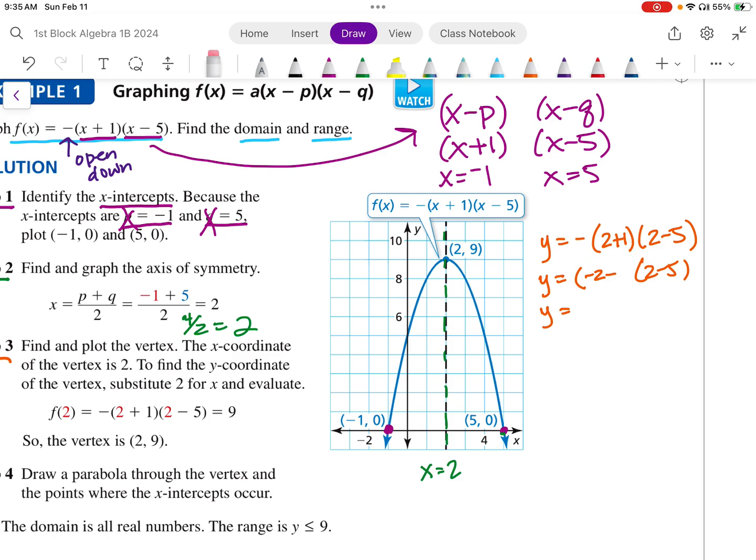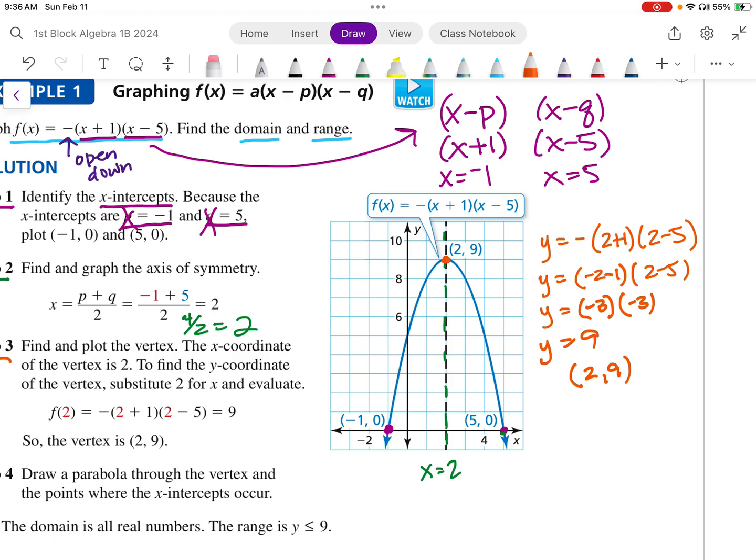We don't have variables in here, so we can solve this without distributing. Negative 2 minus 1 is negative 3. 2 minus 5 is negative 3. And negative 3 times negative 3 is 9. So that means our vertex is at 2, 9.